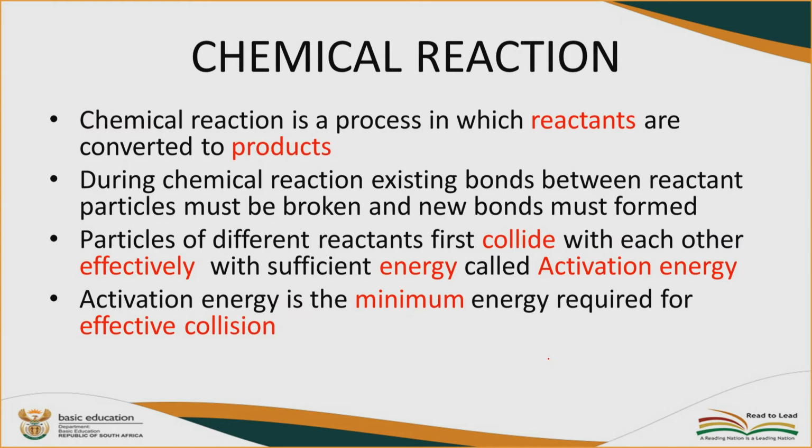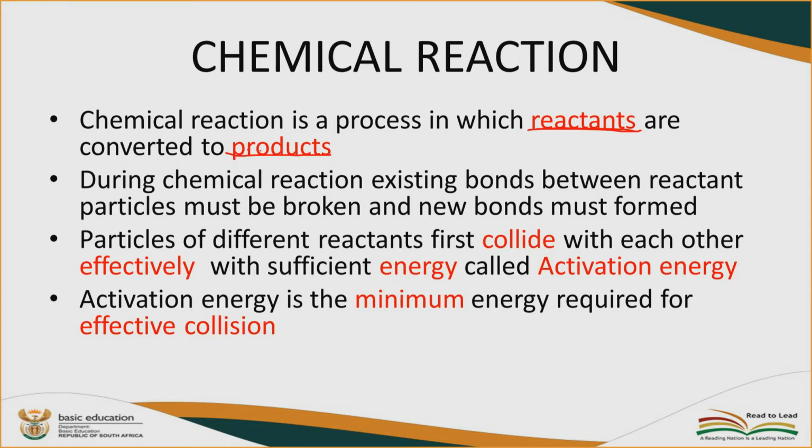Now, you cannot define or talk about the rate without knowing what a chemical reaction is. A chemical reaction is the process in which the reactants, you have done the reactants and the equations in grade 8, 9. So now you are going to know what a chemical reaction is. A chemical reaction is the process whereby the reactants are converted into the product.